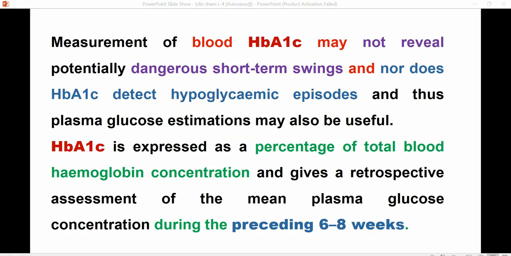Plasma glucose level would not be precisely reflected by the HbA1c value. It would not reveal short-term swings and does not detect hypoglycemic episodes. It gives us a measure of the average plasma glucose level.